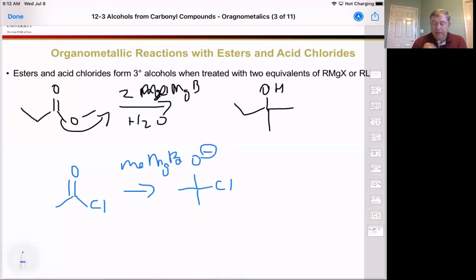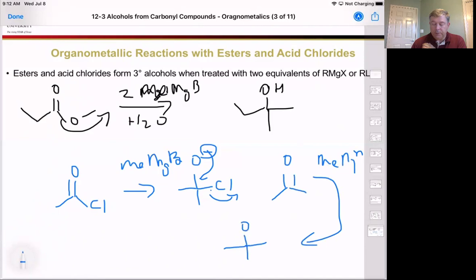Okay. And then this will kick down and kick out a chloride ion, which is a nice stable leaving group right there, regenerating our carbonyl compound, which is attacked by another equivalent of methyl magnesium bromide to generate our tert-butyl alcohol after quenching with water.